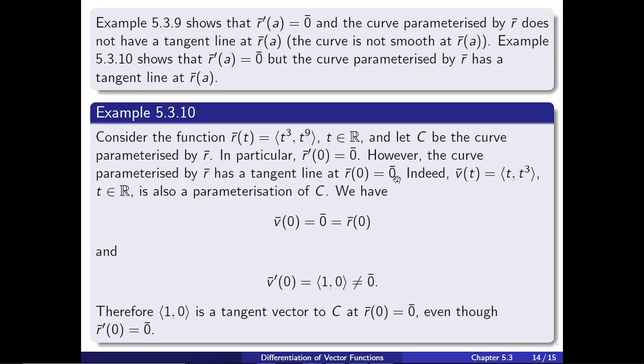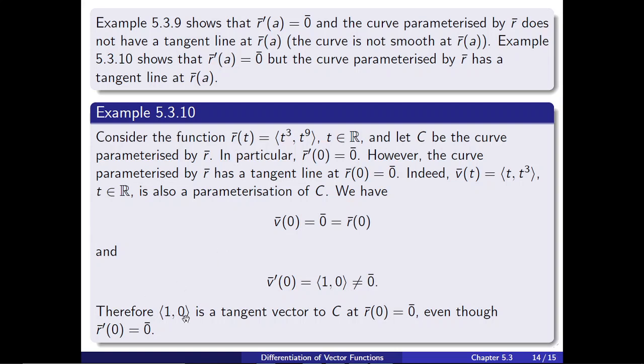And this is because this curve c has another parameterization, which here we call v of t, which is equal to (t cubed, t), where t is a real number. So if we look at v of 0, we will see that it's equal to 0, and r of 0 is equal to 0, and v prime of 0 is equal to (1, 0), which is not equal to the 0 vector, right?